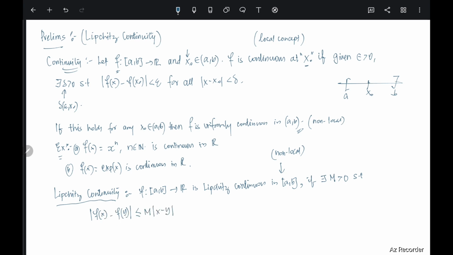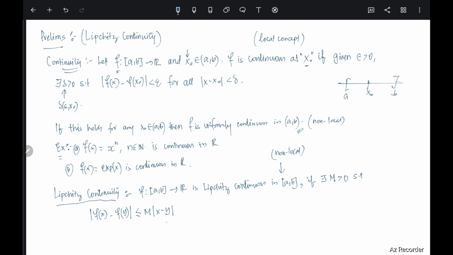What I mean by this is, you can control the growth of f, how fast f is growing, using the information that we already know how fast x is changing, the domain, how fast we are changing the point.